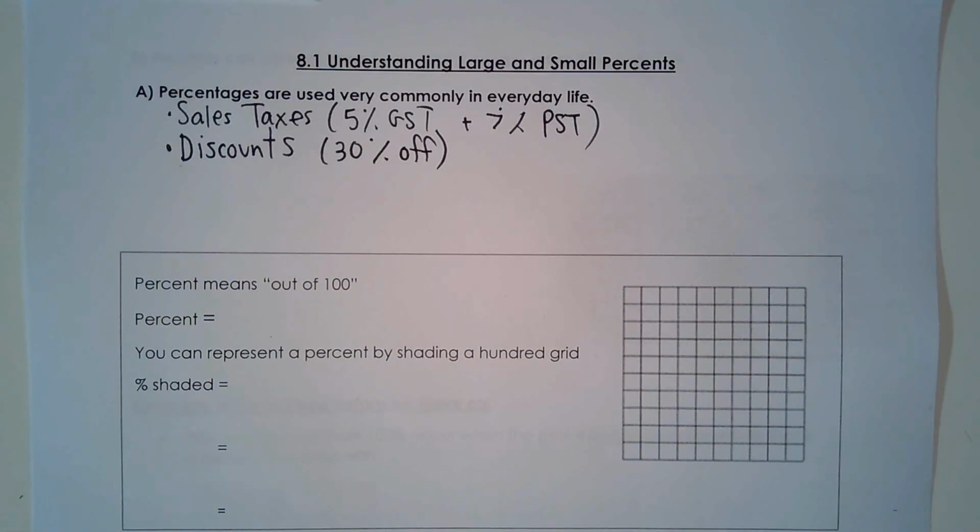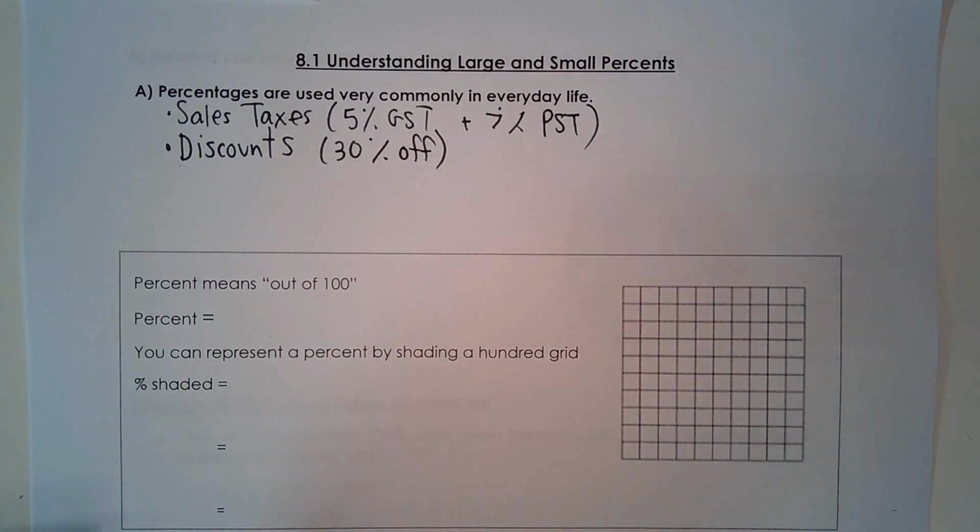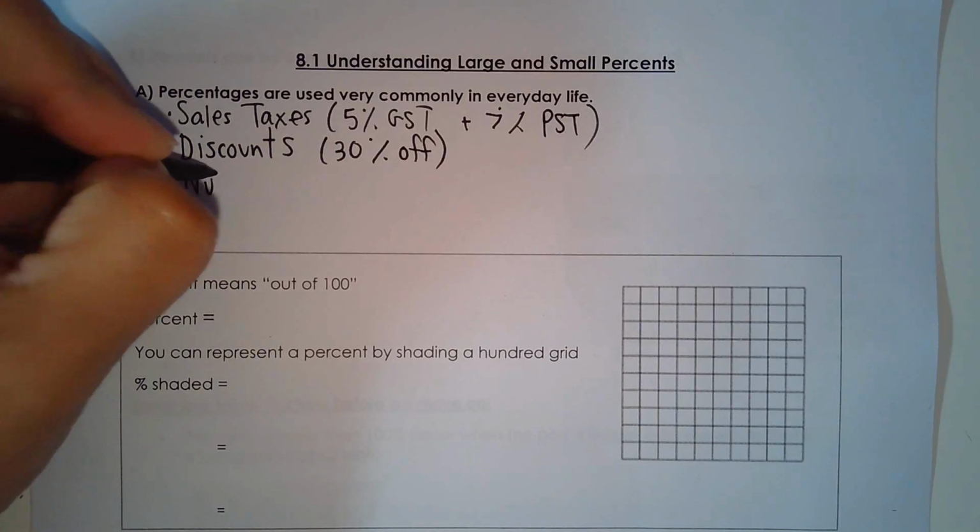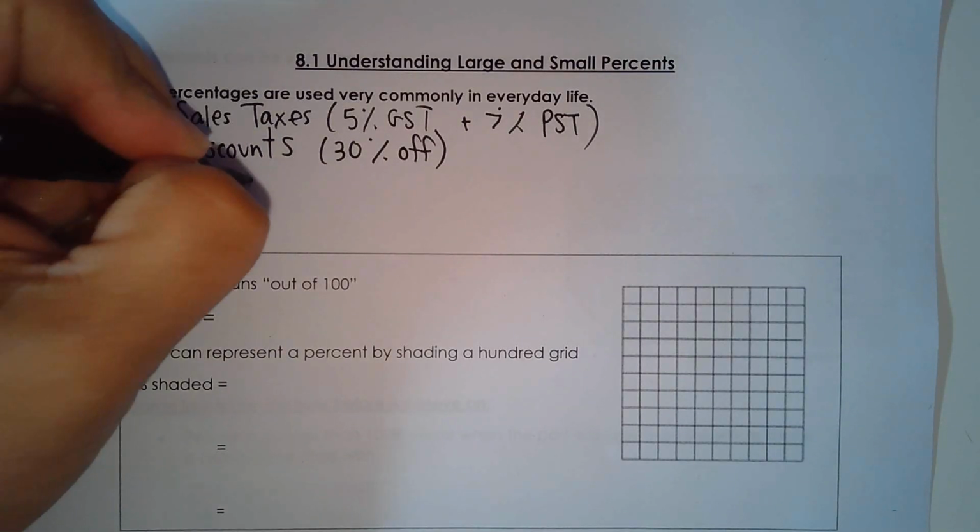So you may be wanting to buy a pair of jeans that are 30% off. If you ever look closely at the food you eat, nutritional labels also contain percentages.